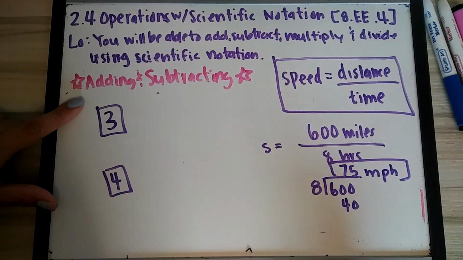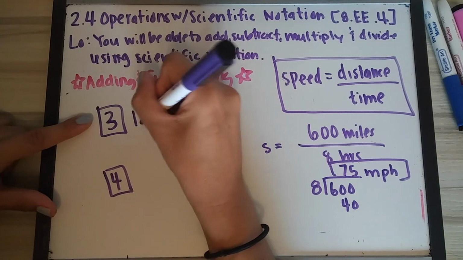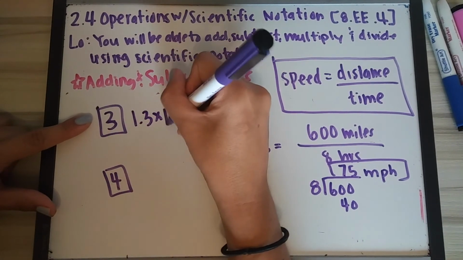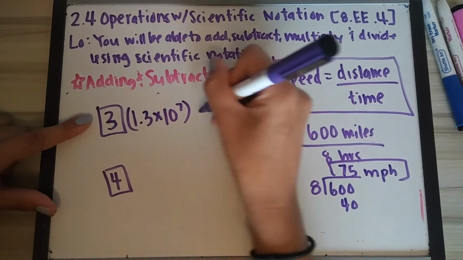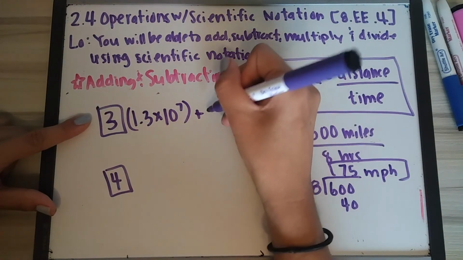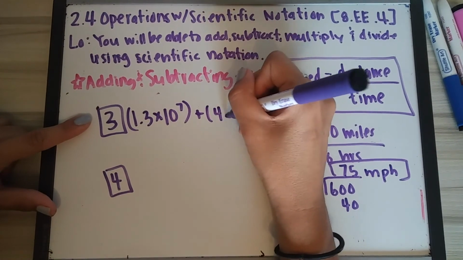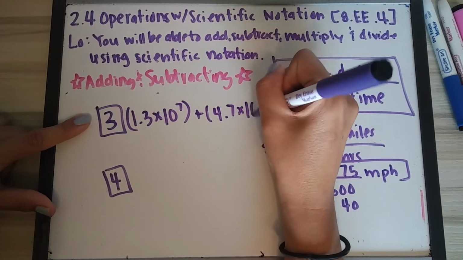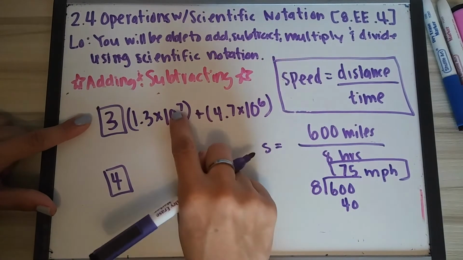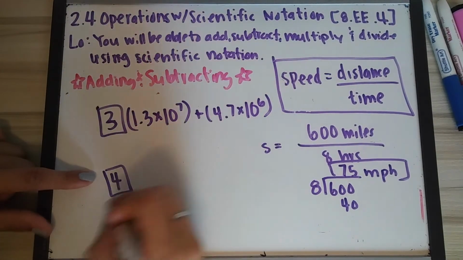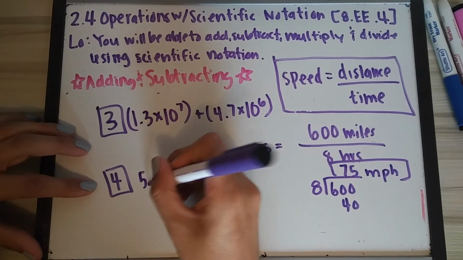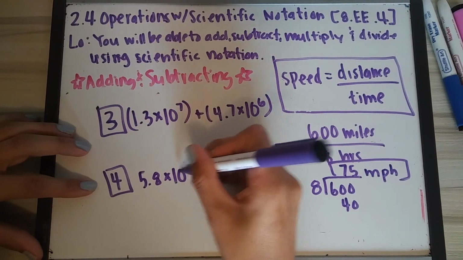So let's do 1.3 times 10 to the 7th plus 4.7 times 10 to the 6th. Okay, so remember, first thing is you're going to work with those powers. And then let's do a subtraction problem. Let's do 5.8 times 10 to the 9th.